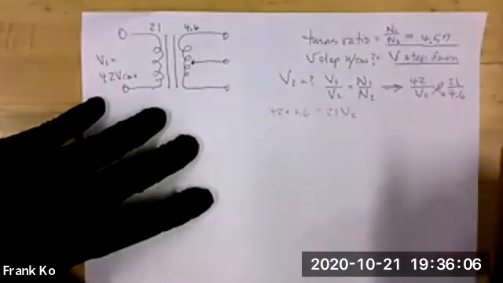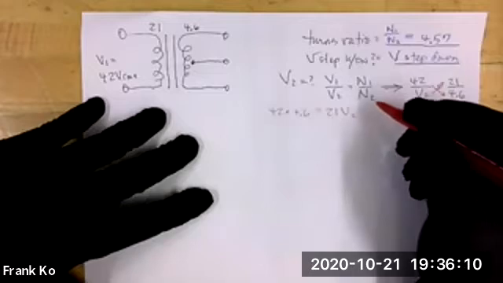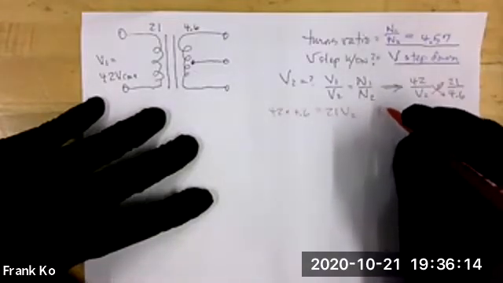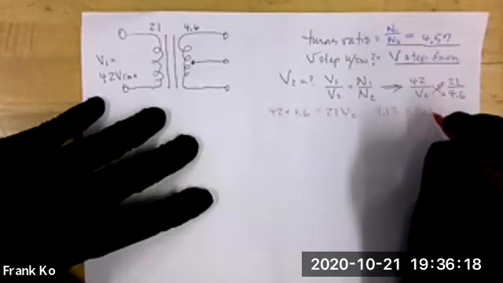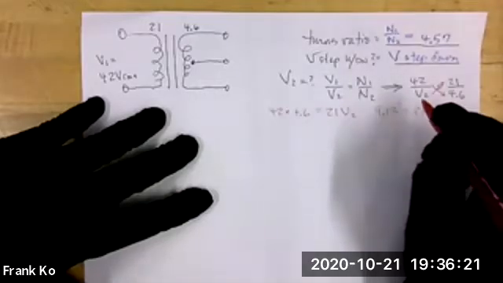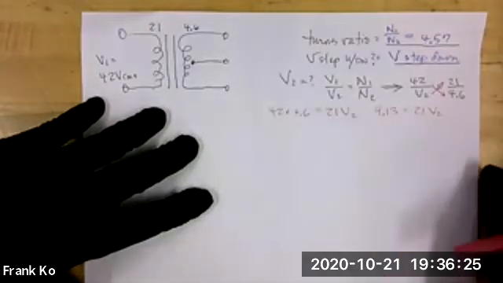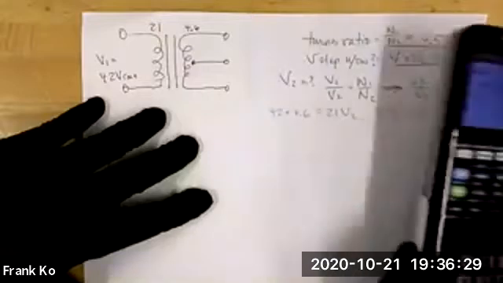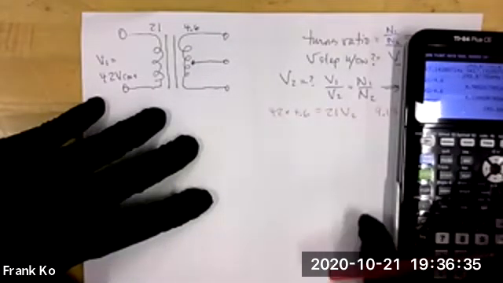No, it's multiply, 42 times 4.6. Much better.